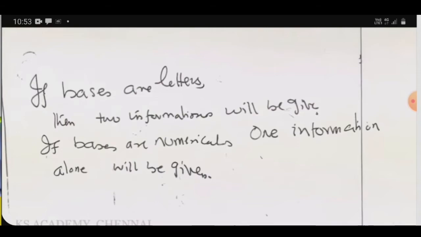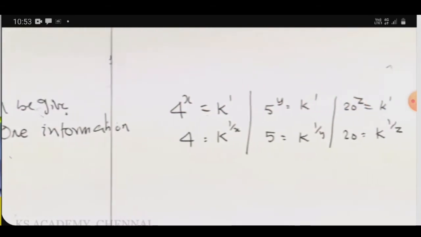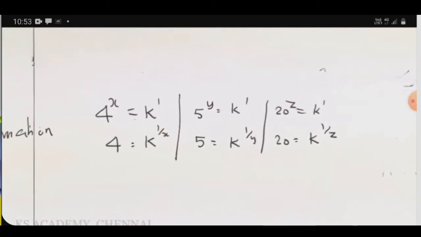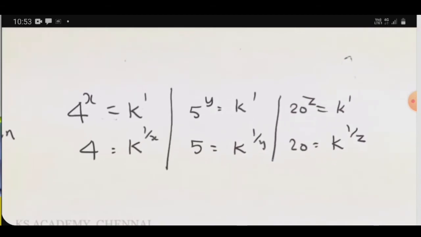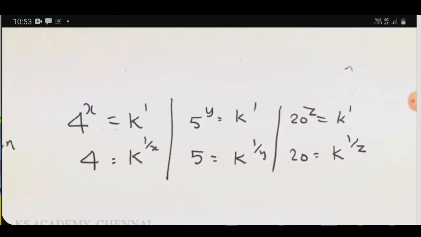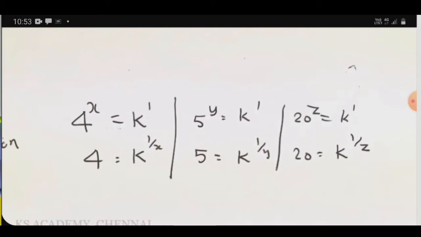In the same manner as we did in the earlier three problems, we are doing this one: 4 power x is equal to 5 power y is equal to 20 power z. Only one piece of information is given.